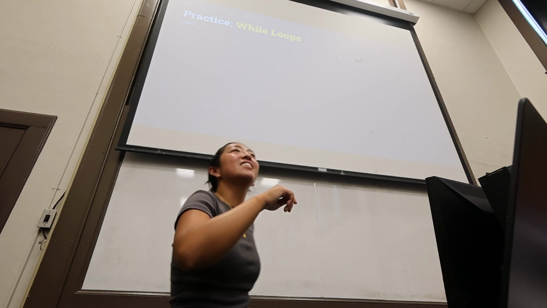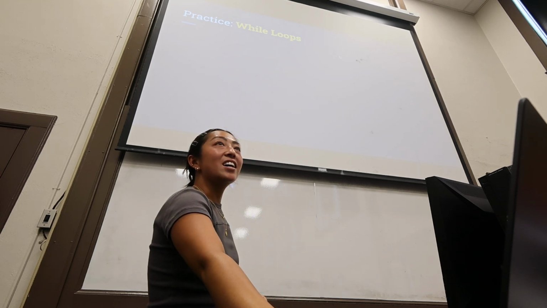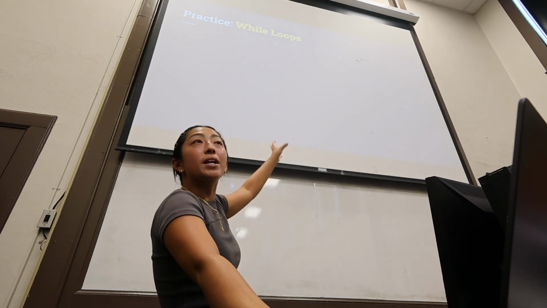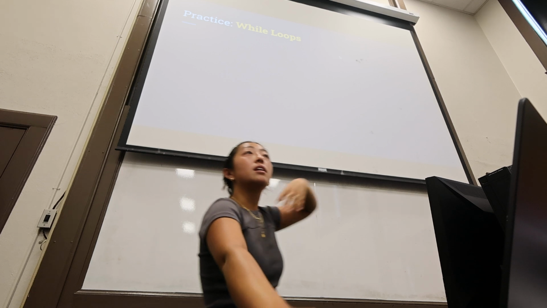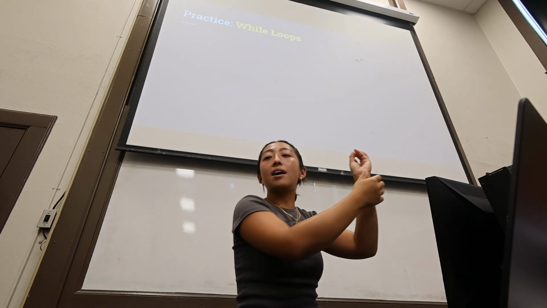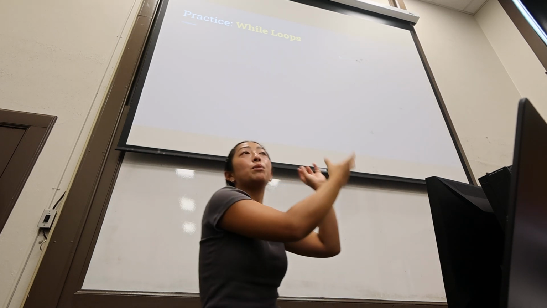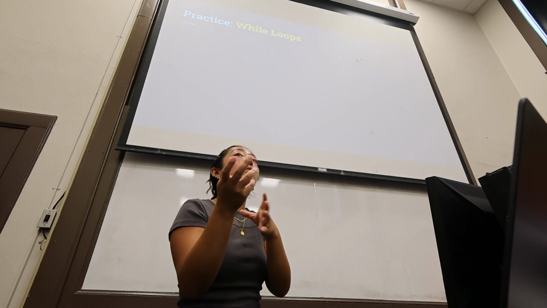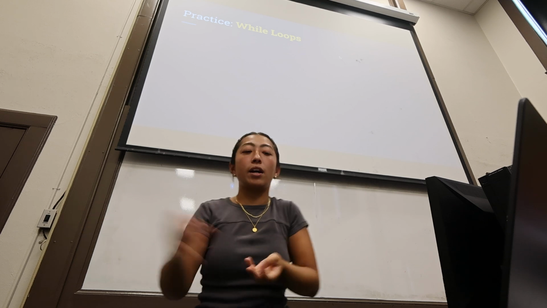Okay, let me walk through it. How I was thinking about this is I have my while loop and I have a condition that depends on some variable that stores my guess and some variable that stores the answer so I could check if they're equal or not. And then also the number of attempts I've tried, right?